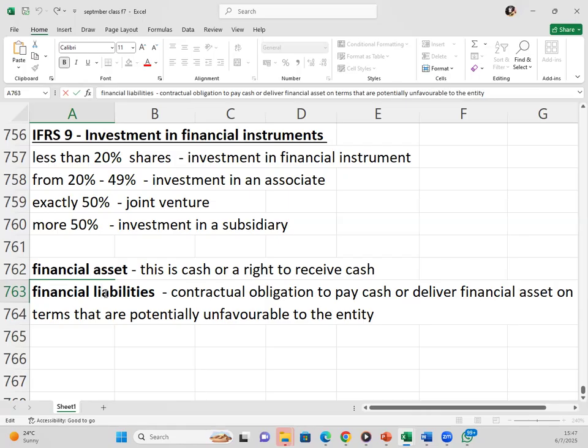So, on terms that are potentially unfavorable to the firm. That's a financial liability. Now let's move on.